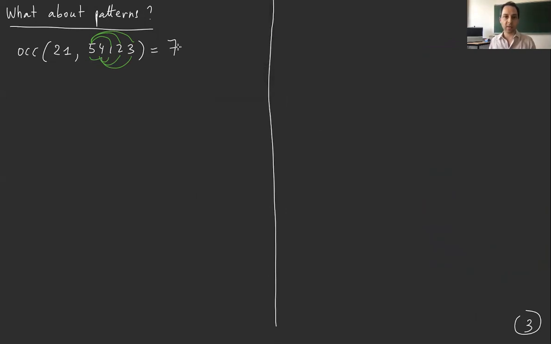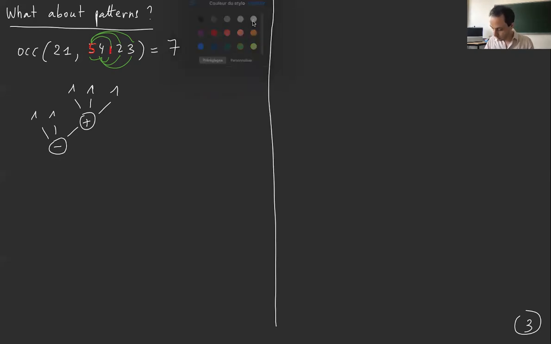So how can I recover the fact that there are 7 inversions in the permutation directly on the tree? So my tree is this one. So for instance, the pair 5, 1 here. Well, 5 corresponds to this leaf, 1 corresponds to this one.